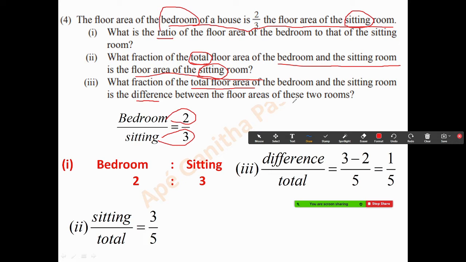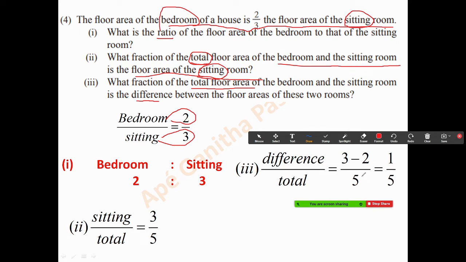Sitting room 3 parts, bedroom 2 parts. Difference means the subtracted value, 3 minus 2, which is 1. To get the total, add 3 plus 2, 5.